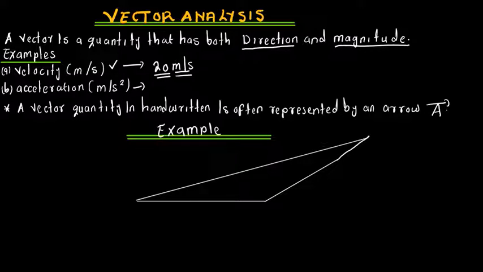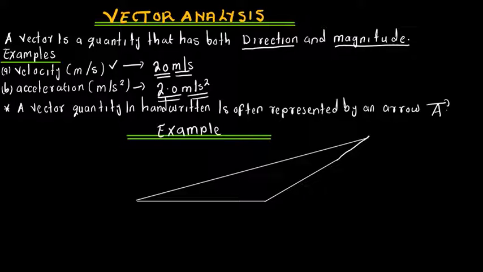The same thing is true for the acceleration, because acceleration can also be written just like velocity. So we can have 2.0 meters per second squared. The 2 is simply the magnitude, meters per second is the direction.